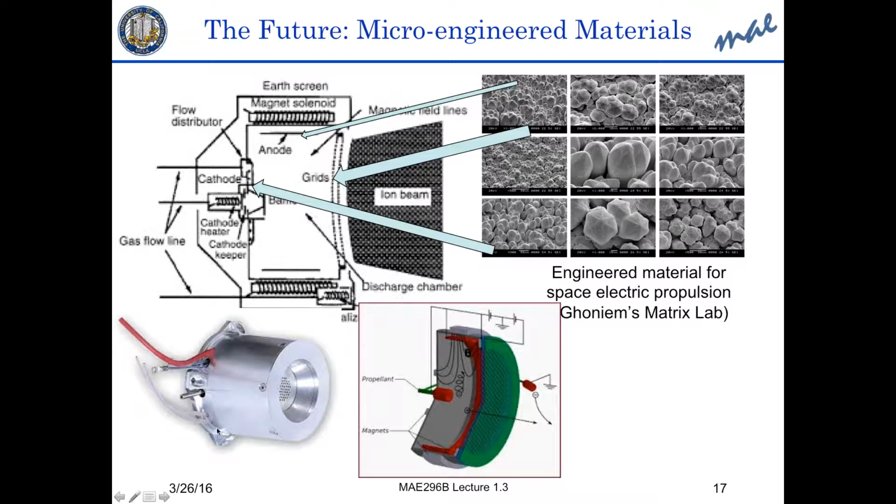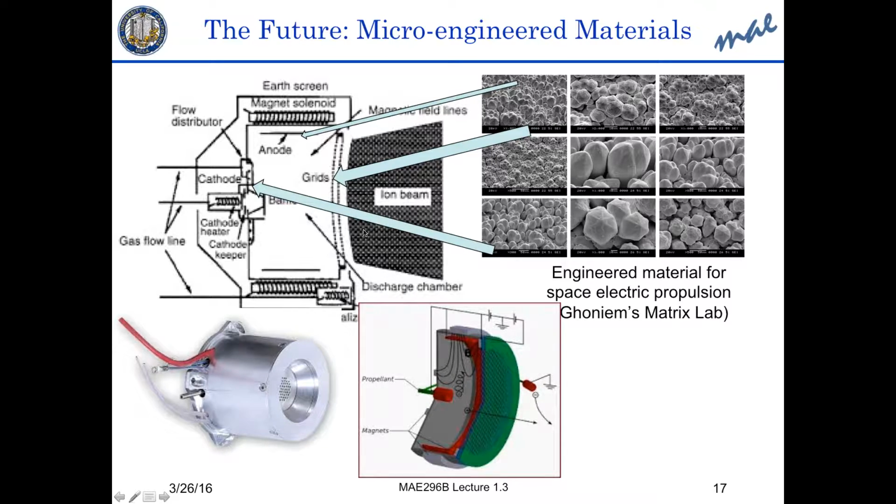This is an ion thruster here, and this is a rendering of the ion thruster where you have the magnets and the propeller, and then the electrons are moving this way, and then the ions are coming. This is ion coming, thrusting this way, going through the grid. So in these applications, you have a grid.